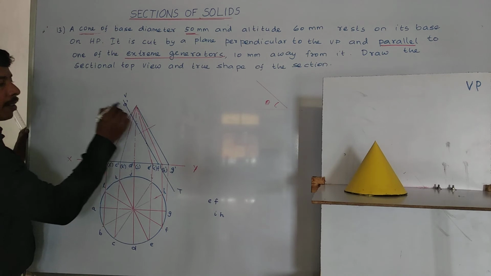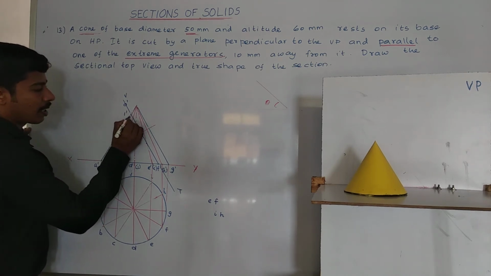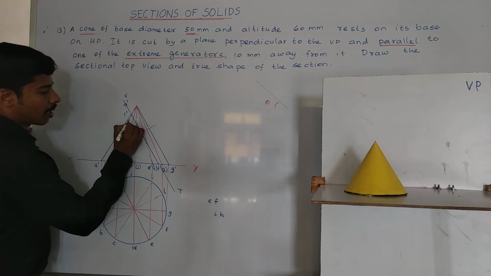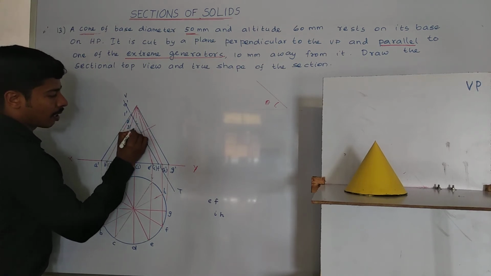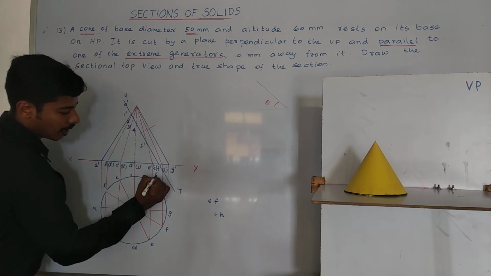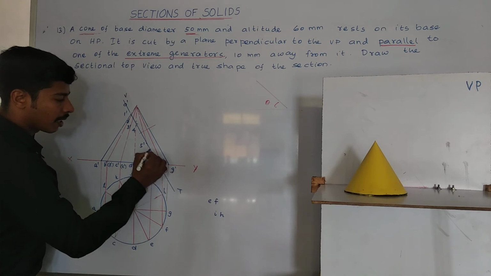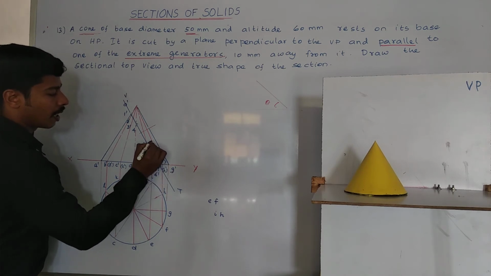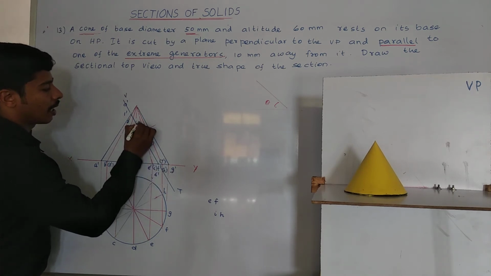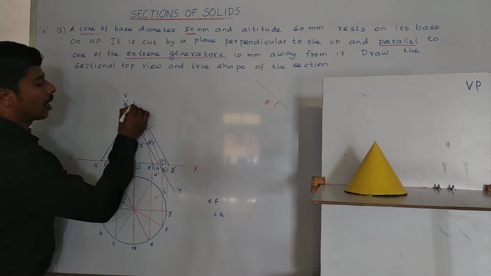So here for visible edges, I mark first. So here 1 dash, here 2 dash, 3 dash, 4 dash, 5 dash and 6 dash. Then for hidden edges, here 7 dash, 8 dash, 9 dash, 10 dash and 11 dash.